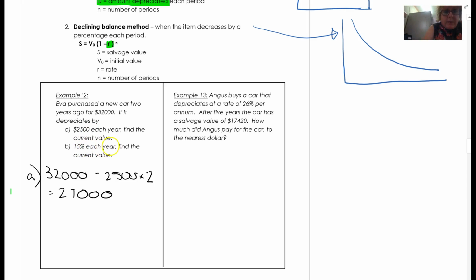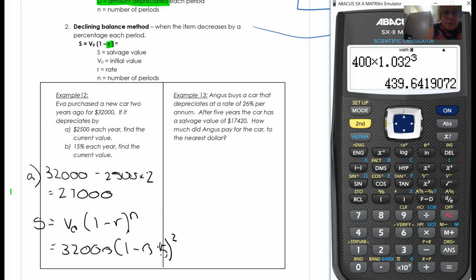The depreciation method said, what happens if it goes down 15%? Well, I need to use the formula because I can't do a power in my head so nicely. So it's 32,000 and it's 1 minus 15% to the 2. I'm going to put it in my calculator.